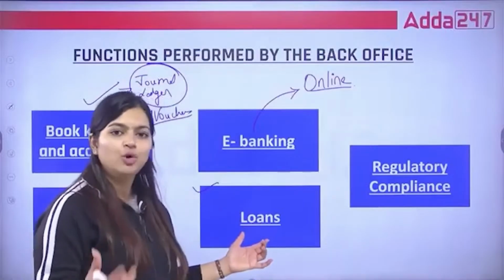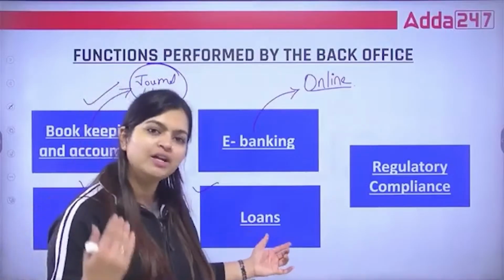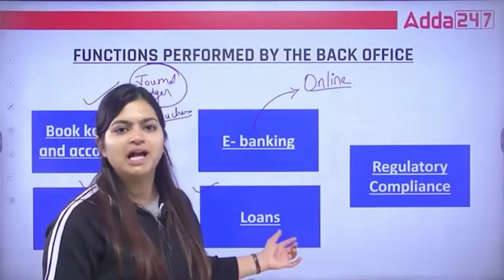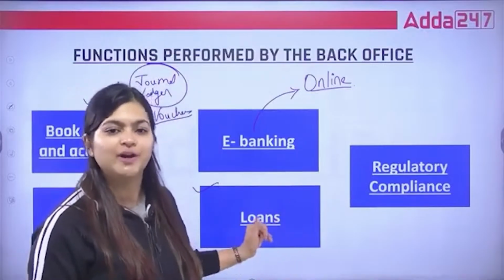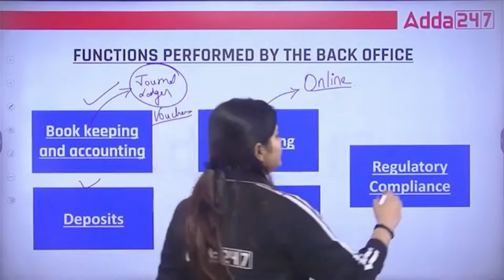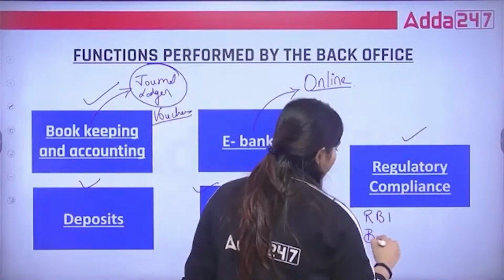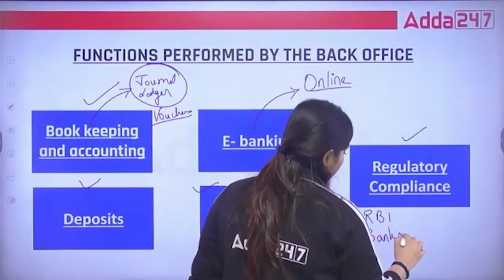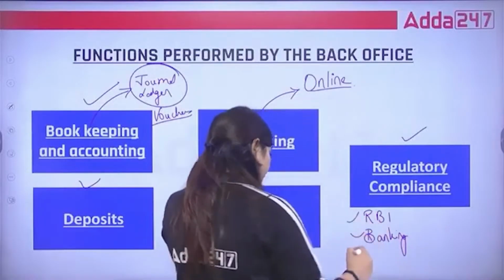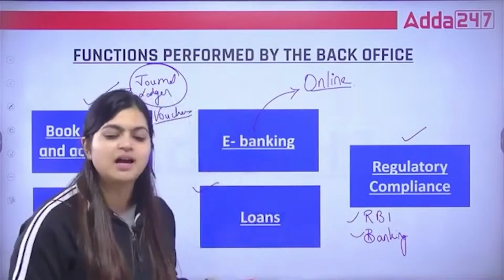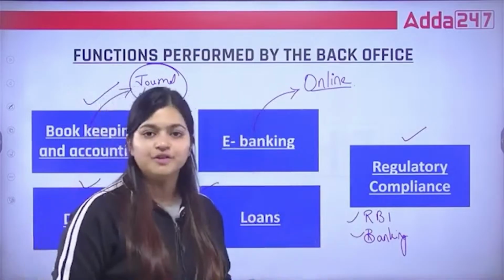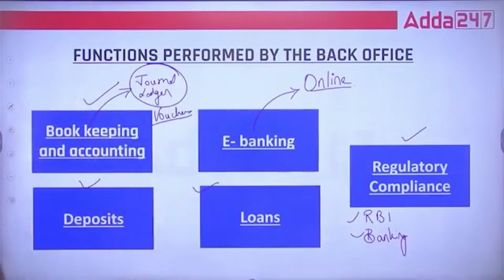Now in case of loans, due date calculation, interest calculation, NPA calculation, again all these things are done by your back office. And then regulatory compliance, RBI compliance, banking regulation compliance, Companies Act compliance. So all the different laws and regulations compliance are again done by your back office. So these are some functions which are performed by your back office.